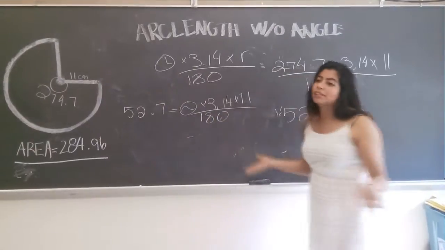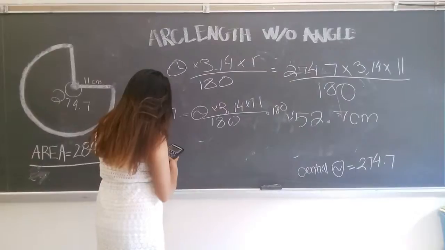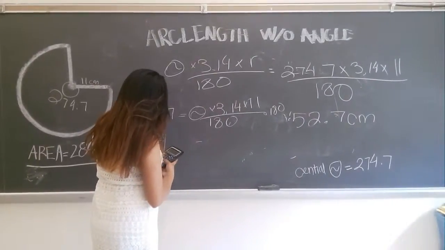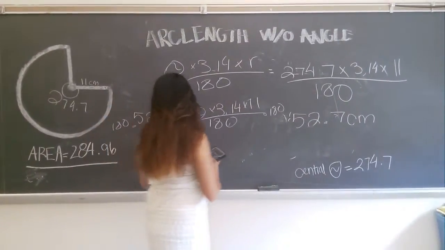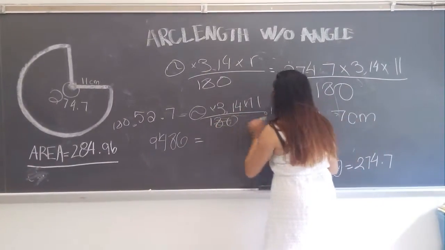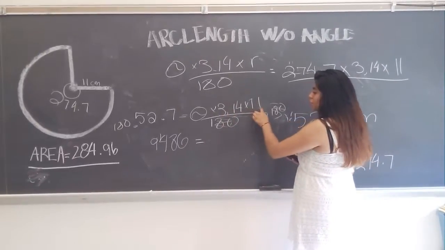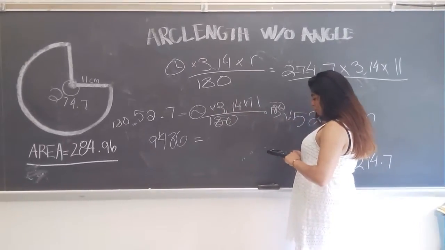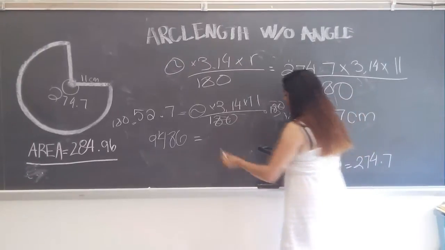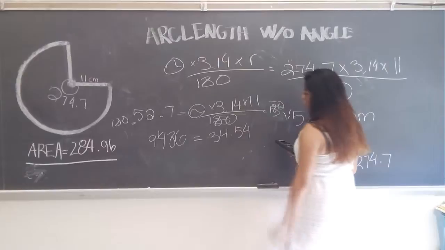And it's the same concept. You multiply from both sides, 9,486. And then you simplify this because this is gone now. Goodbye, 180, goodbye. 3.14 times 11, right? And you get 34.54, all right?